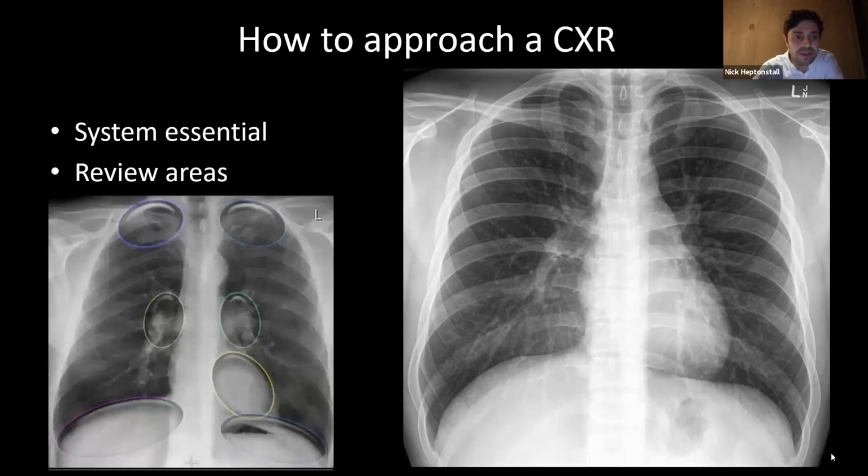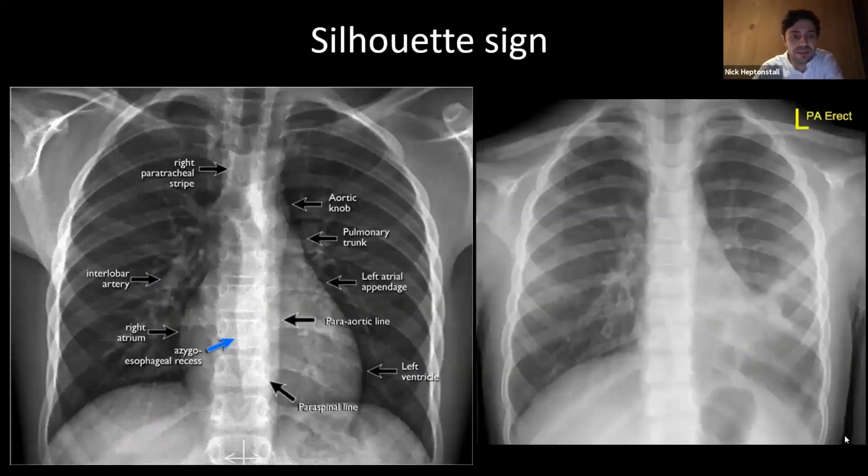Now, review areas are something that you formulate over time, but there are common areas that get missed. So discrepancy meetings, chest x-ray, it's always these five areas. So apices, hilar, behind the heart, and below the lung, below the diaphragm. It's always these cases, and you can easily prevent them from just spending more time looking at these areas.